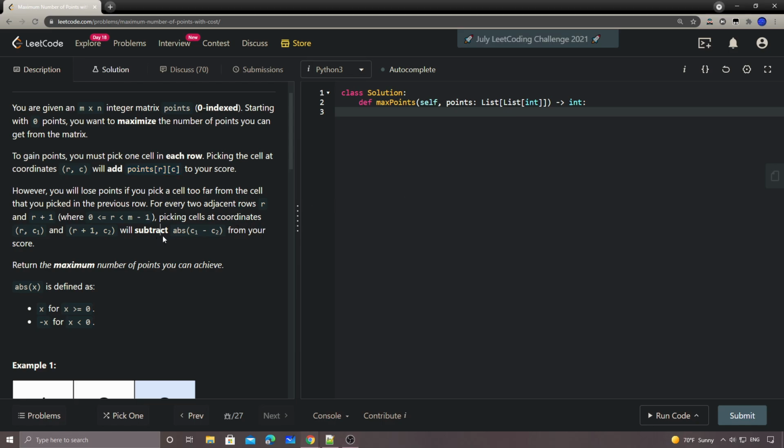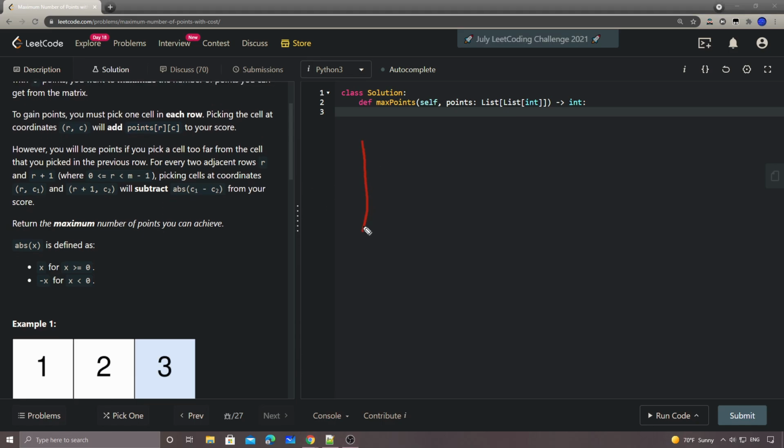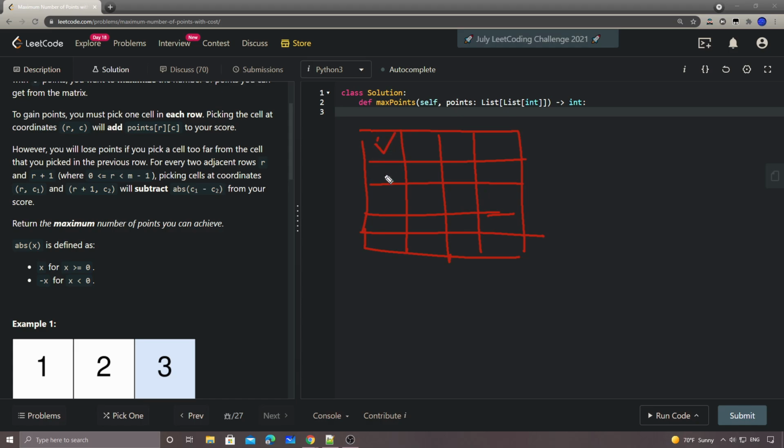So which means that, for example, there's this cell. If you pick this one, and then the second time, let's say you pick this one, then of course you'll get both of the points in the cells.